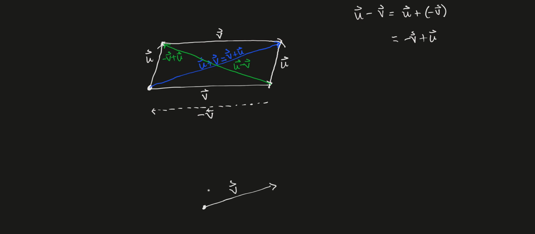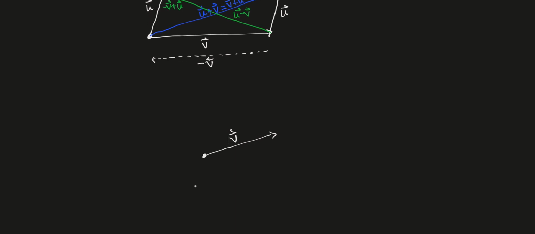When I multiply v by a scalar, it does not change the direction, in the sense that it is still going to point in the same direction, but it might be a longer vector or a shorter vector. So scalar multiplication has the effect of either lengthening or shortening your vector if your scalar is positive.